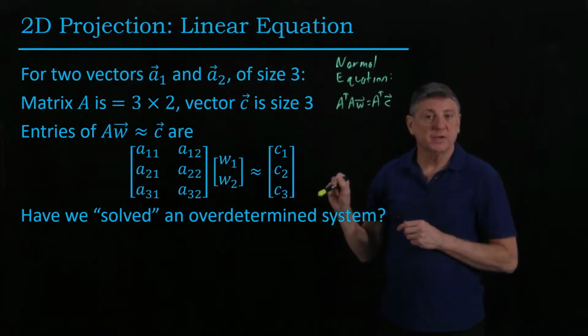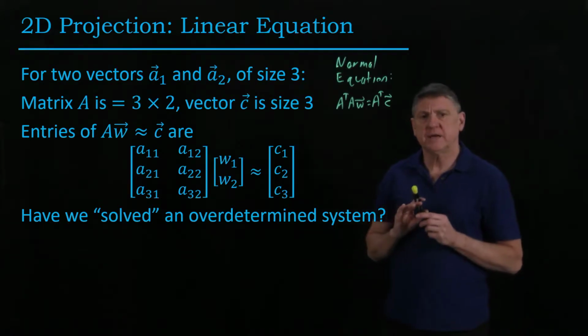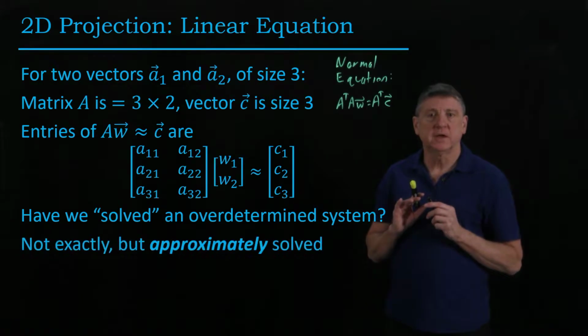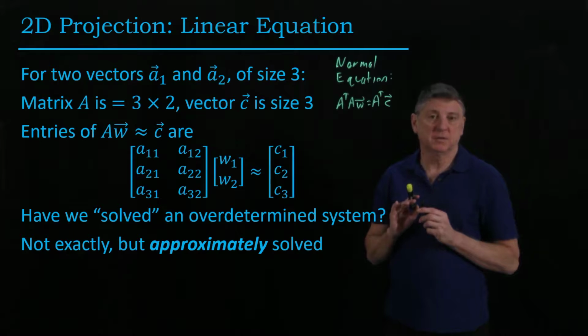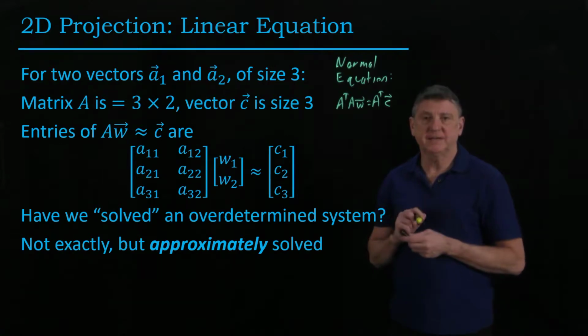So can we solve this using the normal equation? Well, not exactly. We can't solve it exactly, but we can approximately solve it. And this idea of approximate solutions is a very powerful one in linear data analysis.